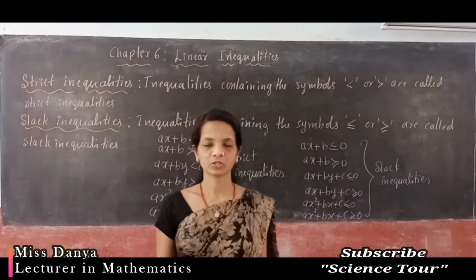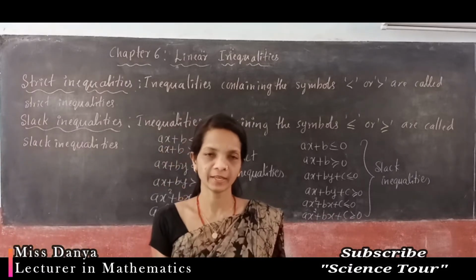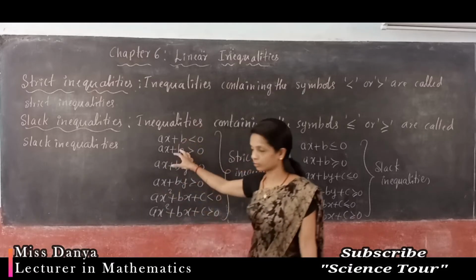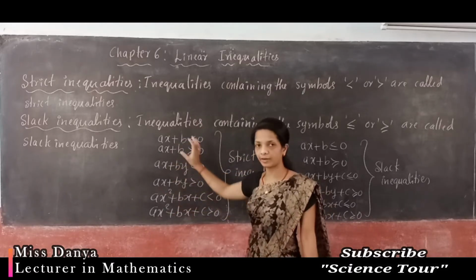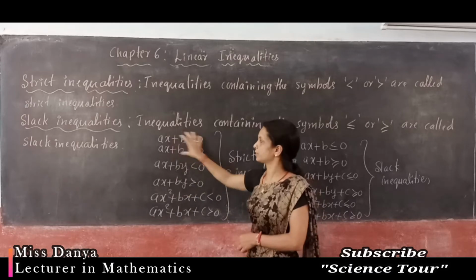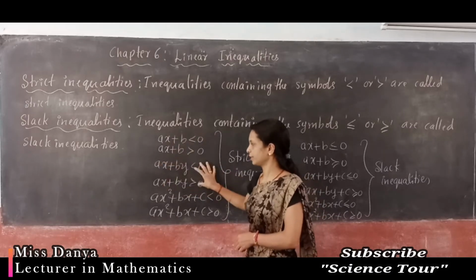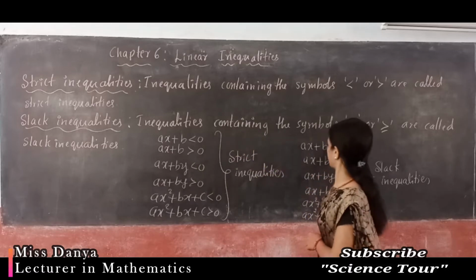Next you have strict inequalities and slack inequalities. Here, you already wrote these under linear inequalities in one variable: the first two lines.